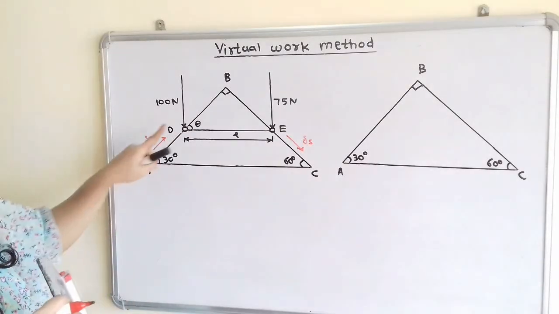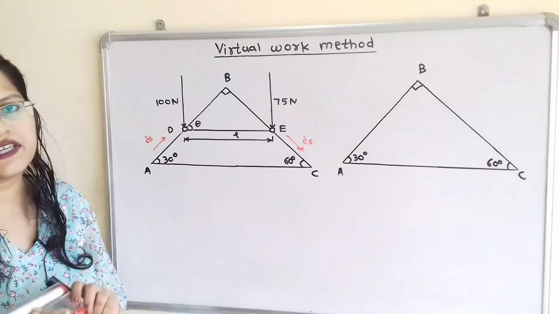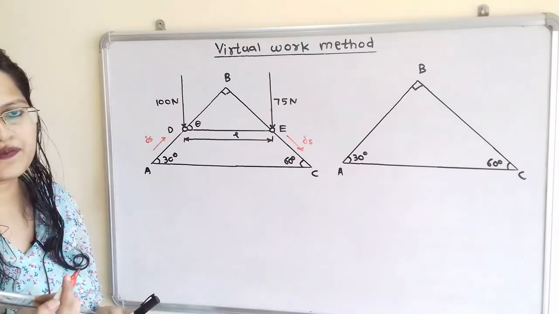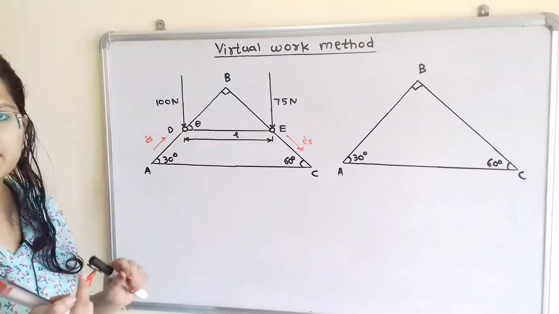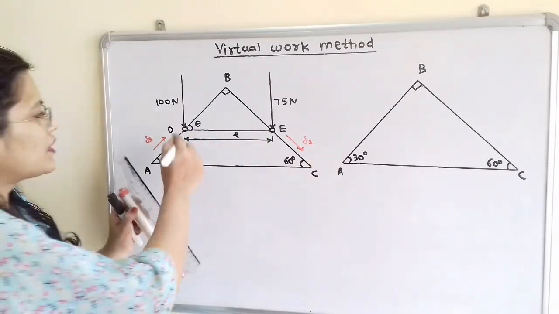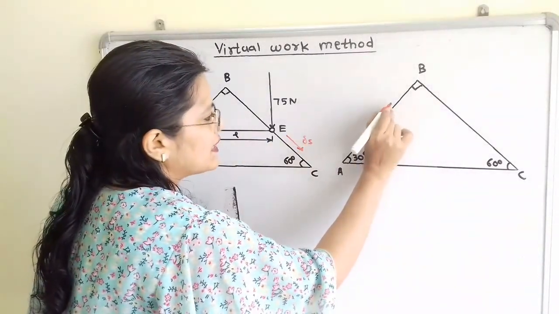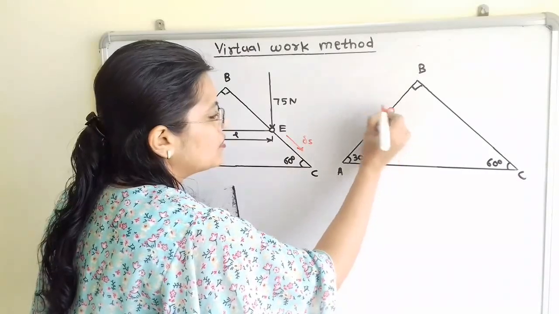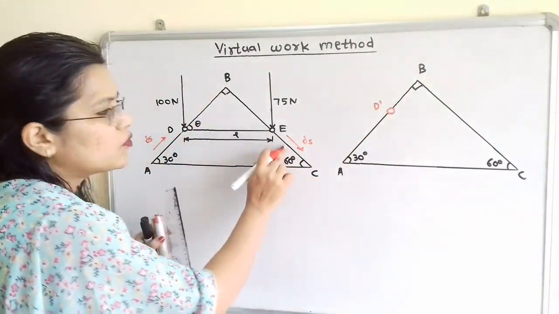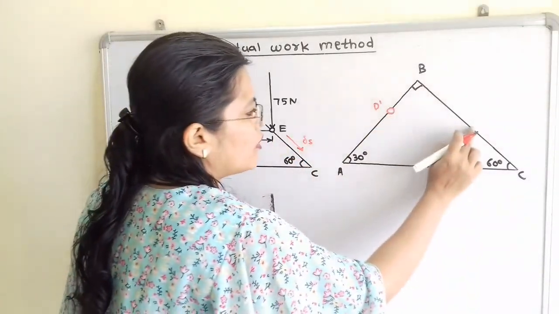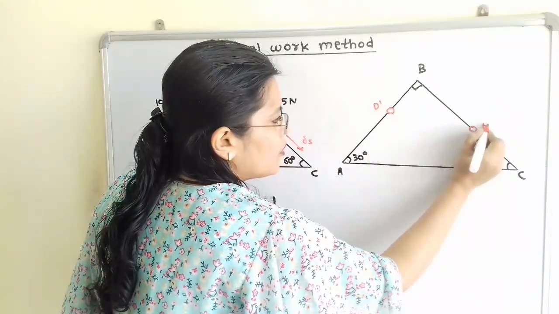We have to show the weights of the balls, 100 Newton and 75 Newton, in the vertically downward direction. Now we will show the new positions of the two balls D and E in the diagram. Ball D is replaced to the position D dash in the upward direction, and ball E will move in the downward direction to the new position E dash.